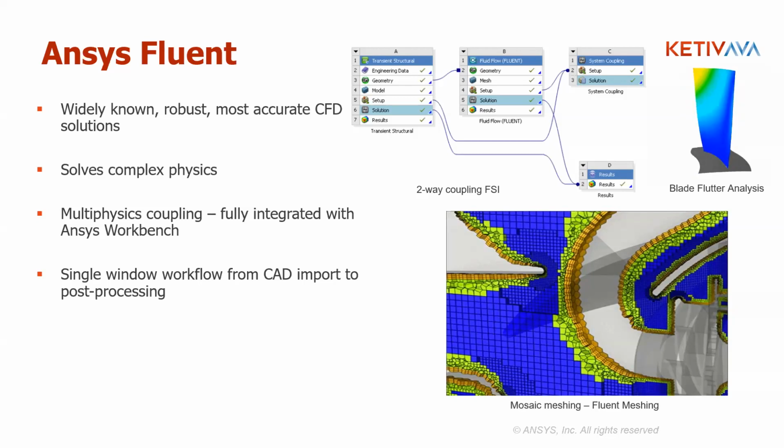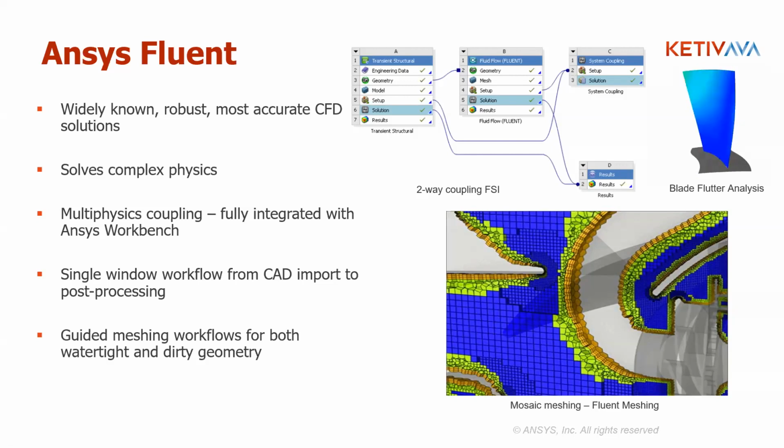Ansys Fluent has powerful meshing capabilities as well, which is why I say that you can go from CAD import to solving to post-processing. So with the new meshing changes that have been incorporated in the latest, more recent versions of Ansys Fluent, you're guaranteed to get the most optimum, most accurate solution for your CFD.